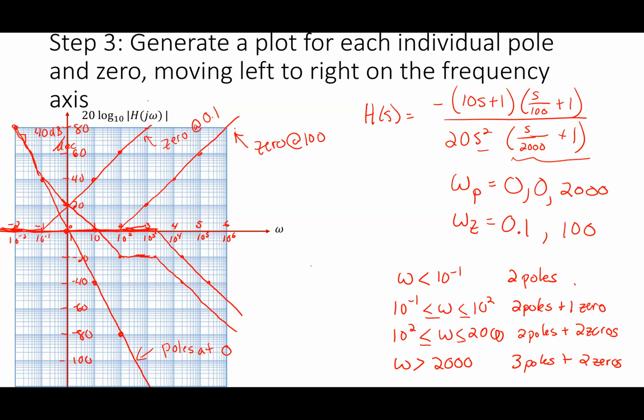My slope here would be negative 40 dB per decade. 2 poles, it's making me fall at negative 40 dB per decade. If I combine 2 poles and 1 zero, I got minus 40 plus 20. So my slope would be negative 20.